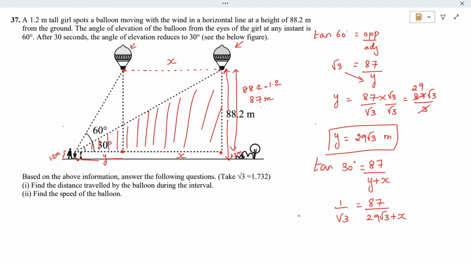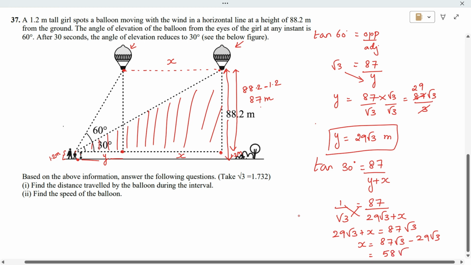I don't know the distance, so I'm just keeping it as x. So now cross multiply. So 29 root 3 plus x equal to 87 root 3. So just transpose. So it is going to be 87 root 3 minus 29 root 3. That is going to be 58 root 3. Okay, meter. So distance x in terms of root 3 will be 58 root 3 meter.